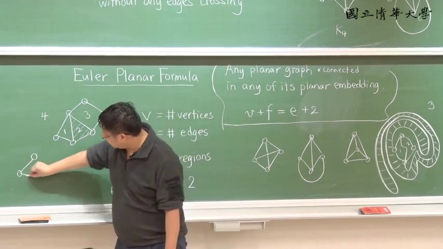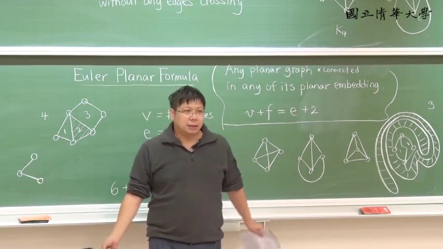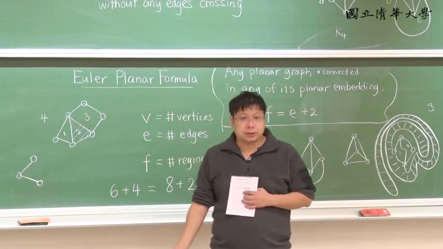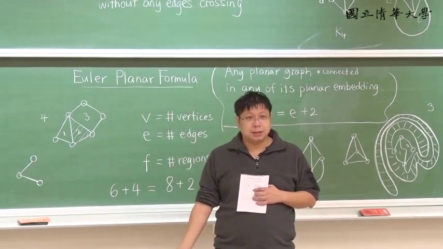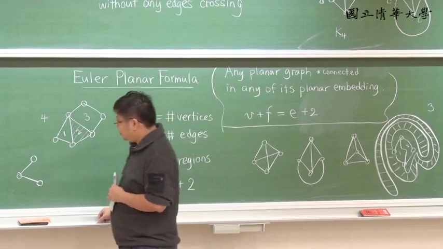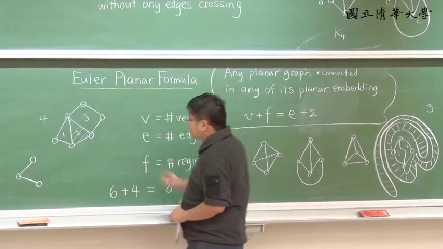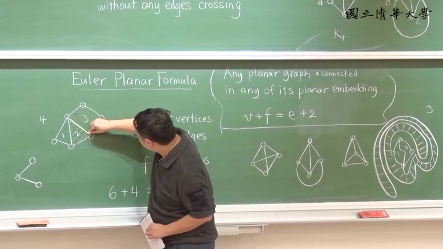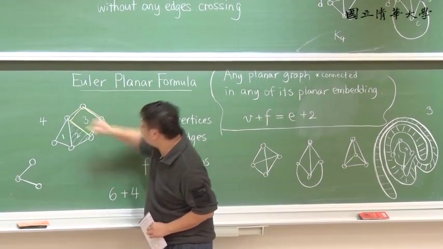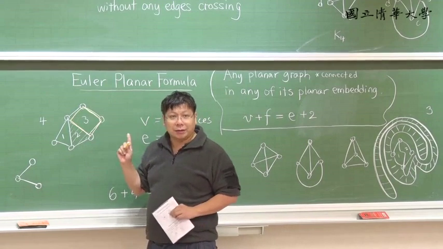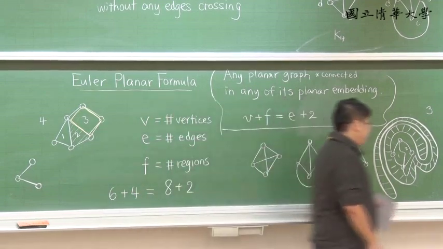But how about this one? It looks like there are just 2 edges, am I correct? But then what we are going to look at is, here we are using this 1, 2, 3, 4 to enclose this region. Let me see if I have another color.